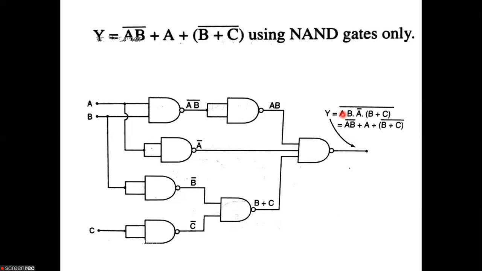So if we are applying the De Morgan's theorem, we will be applying a bar. Why are we applying a bar? Because this is a NAND gate. NAND gate means the expression contains a bar. That's why we are applying a bar here. Y is equal to this expression whole bar. So this one will be A dot B bar plus (A plus (B plus C) whole bar).